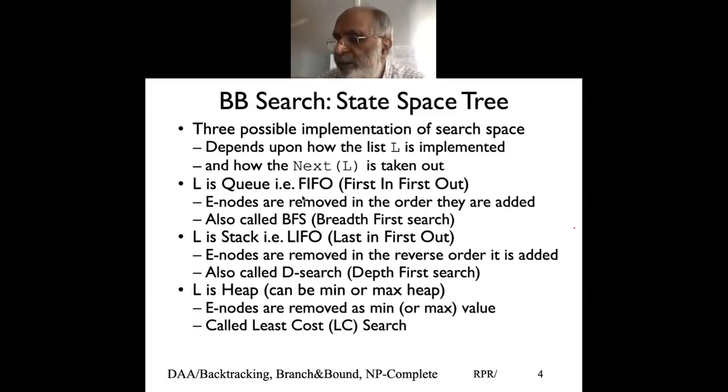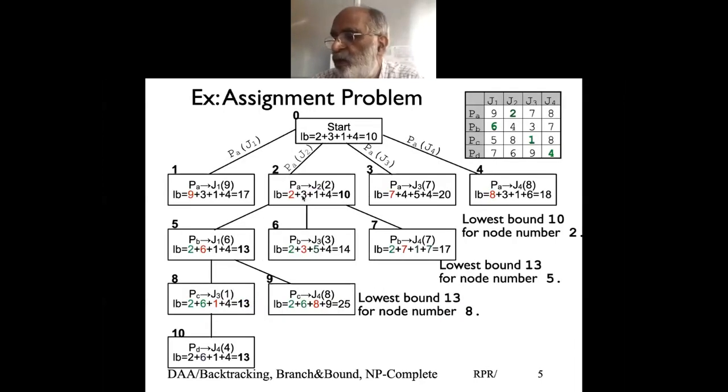When the list I maintain is a heap, I always find the minimum element, and then we use that. When we look at least cost BB, that means my list is basically a heap. I always take the minimum cost node from the list. If I do least cost or FIFO, there are two things we look at in solving the knapsack problem today.